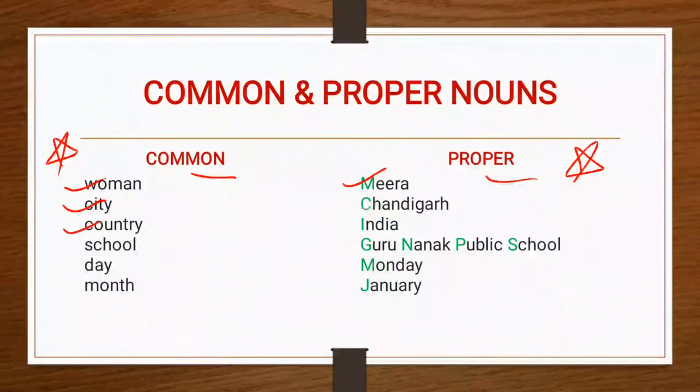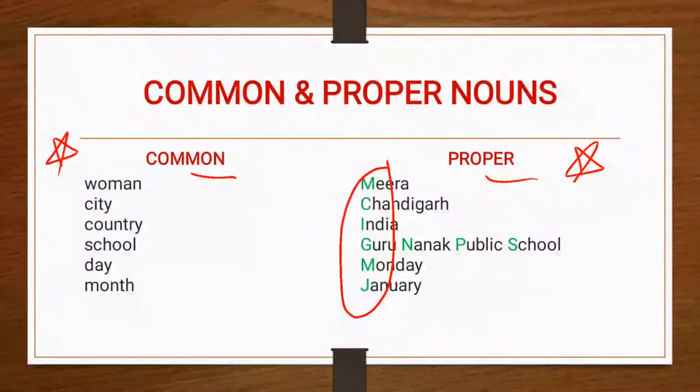Here you need to notice one thing, that I have written all these proper nouns beginning with a capital letter, and that's the rule in English. Proper nouns are always written with a capital first letter. Similarly, when we talk about school in general, we use it as a common noun.